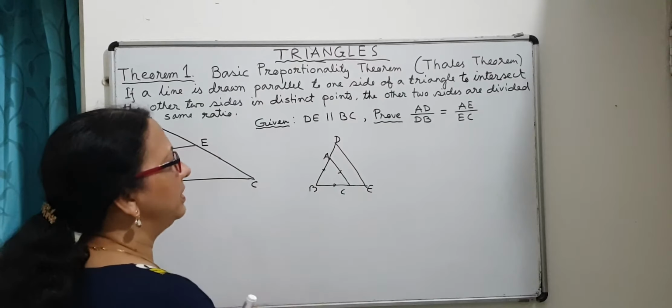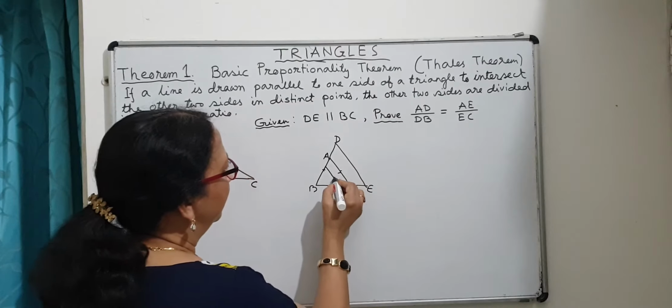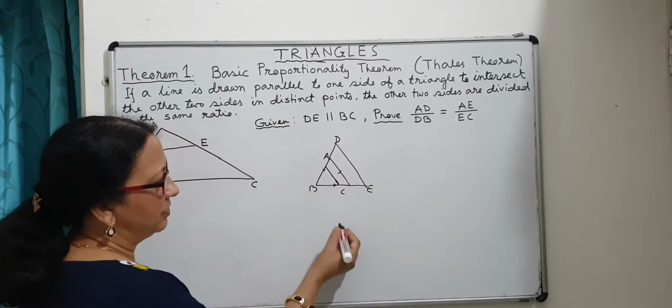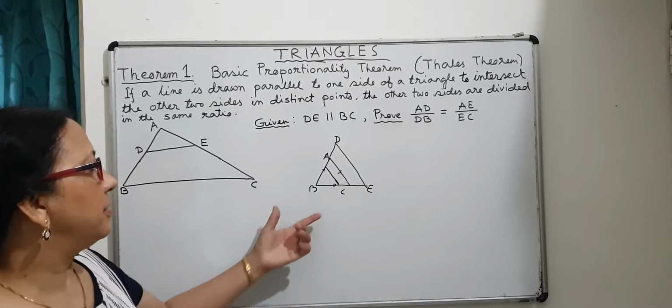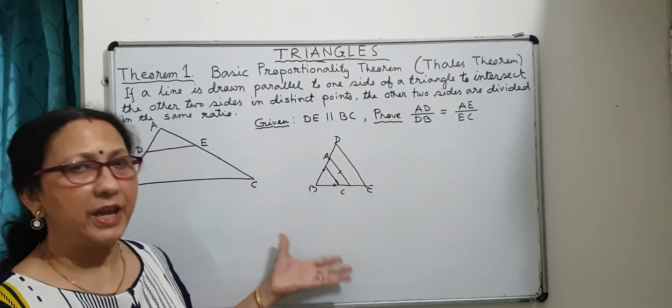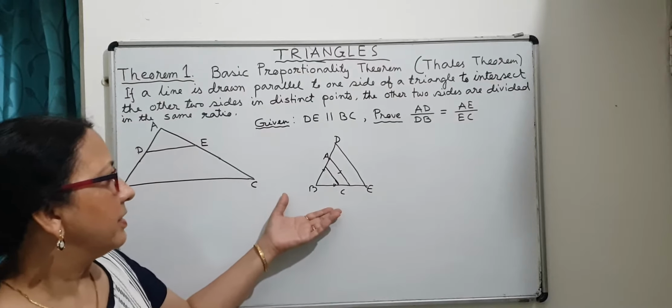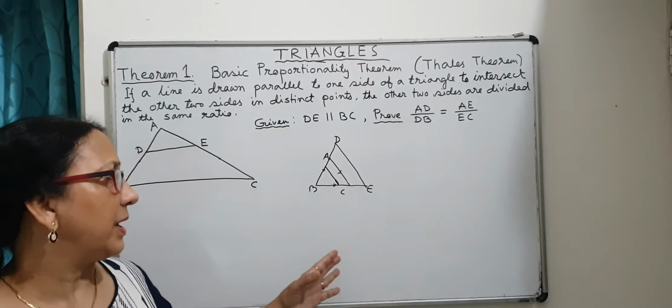So we can get so many triangles. I can get a smaller triangle. Similarly, in this way we can discuss similarity of triangles when their shape is same but their sizes are different. Unlike in congruency, both shape and size were same.